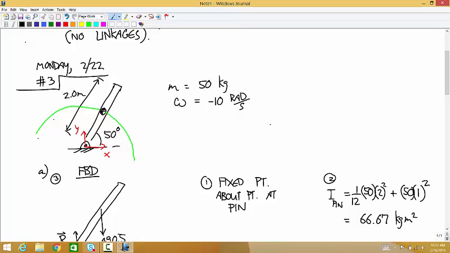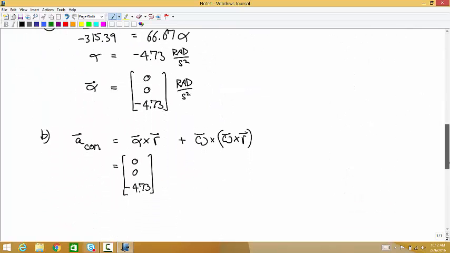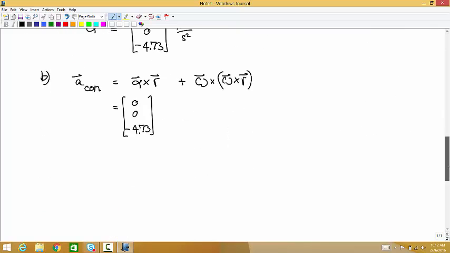R goes from the center of the circular motion to the point that you care about. So that blue vector is the R. R is positive 0.643, positive 0.766, 0.